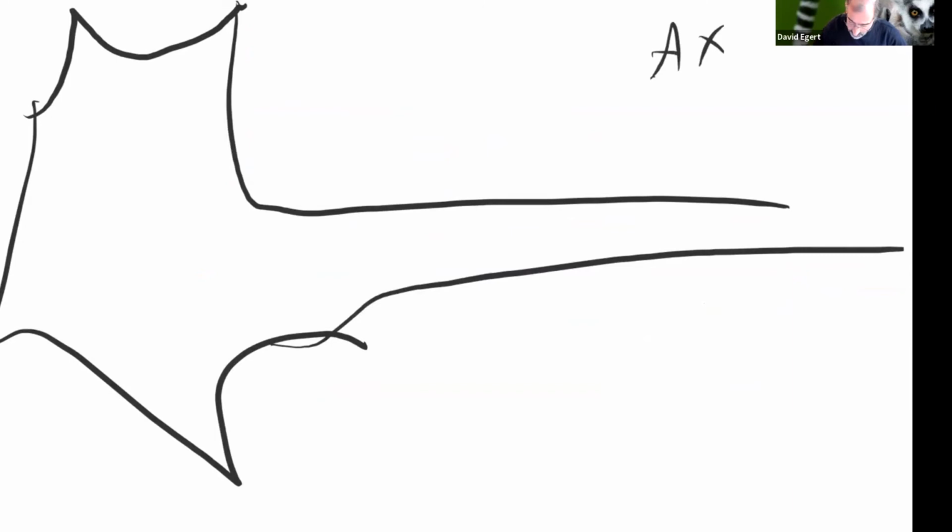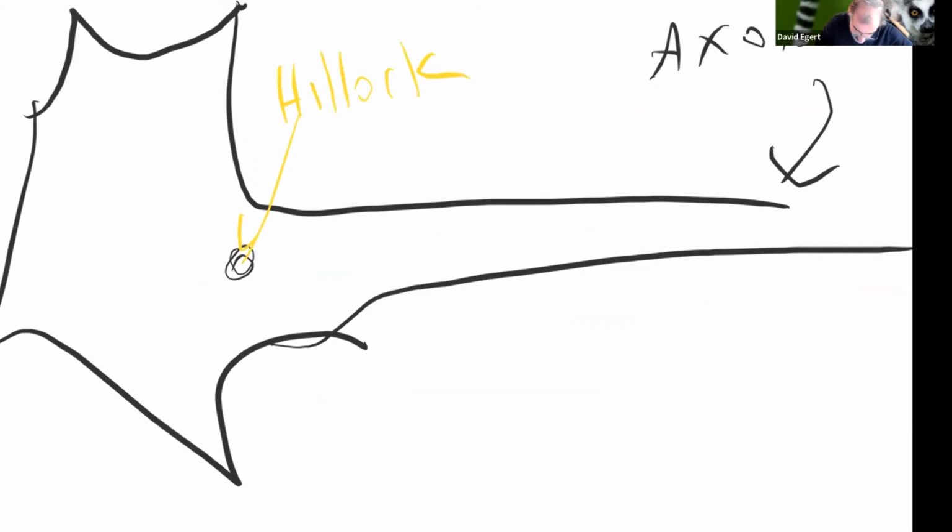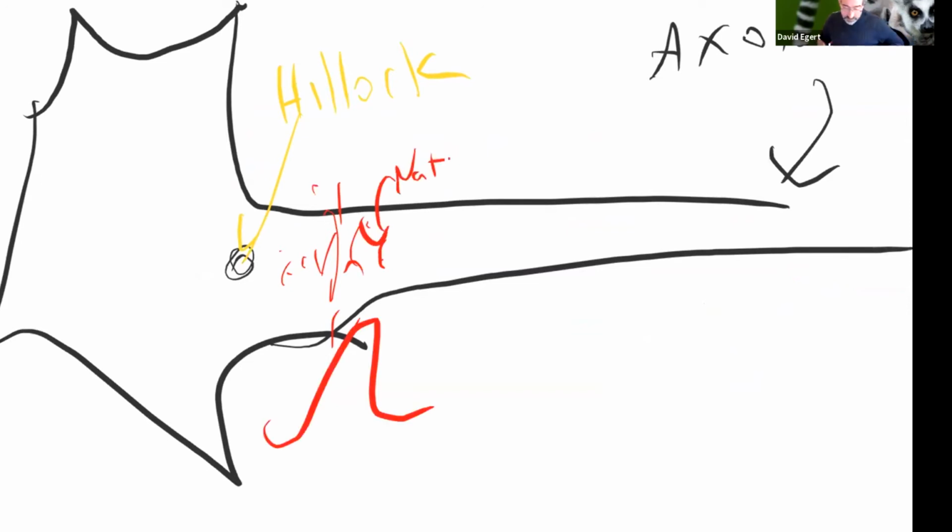Here's my axon. Here was that hillock. Again, initially the voltage here got high enough, sodium rushed in, and we had the action potential.